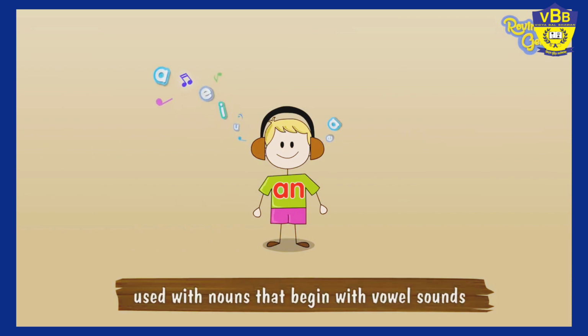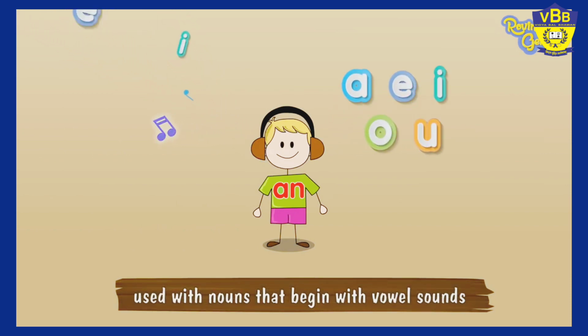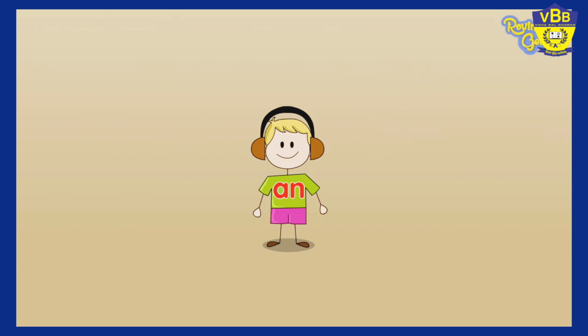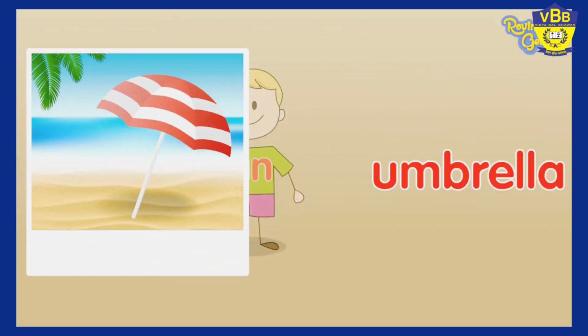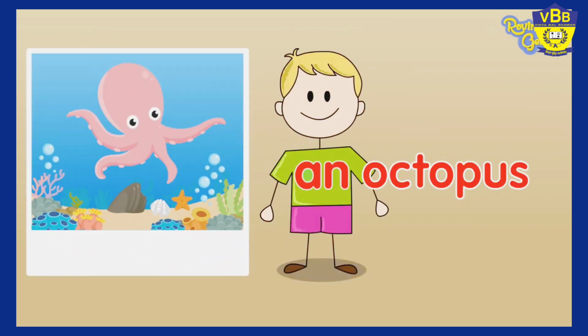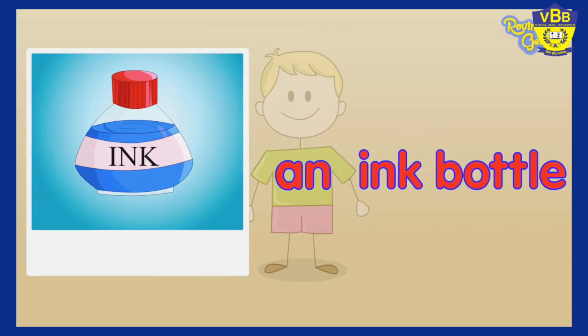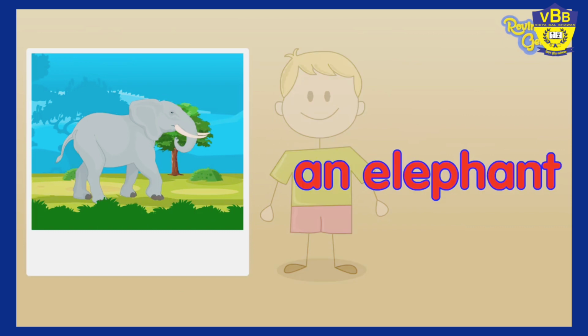The article N likes to listen to nouns beginning with vowel sound. For example, an umbrella, an octopus, an ink bottle, an elephant.